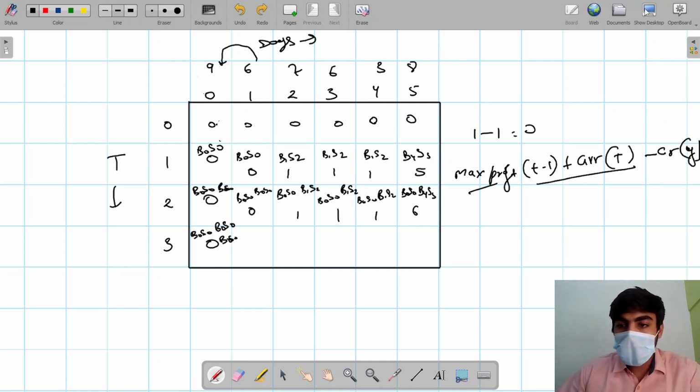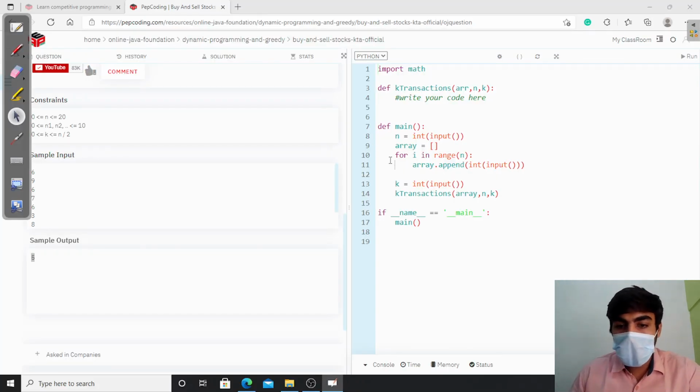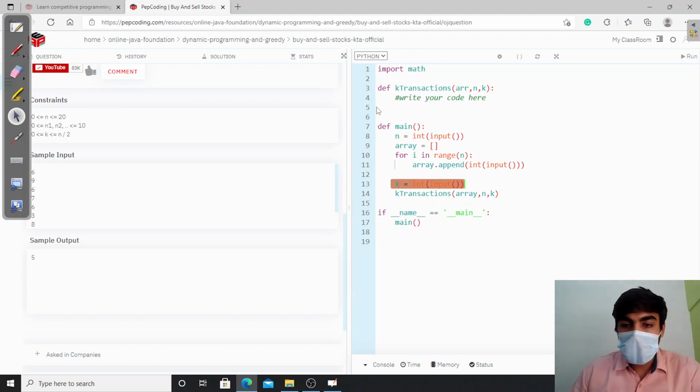So let's move to our editor, where you can see they're providing us a number which represents the number of days, an array which holds the prices according to days, and k which gives us the number of transactions. So let's complete our function, which is k transactions.